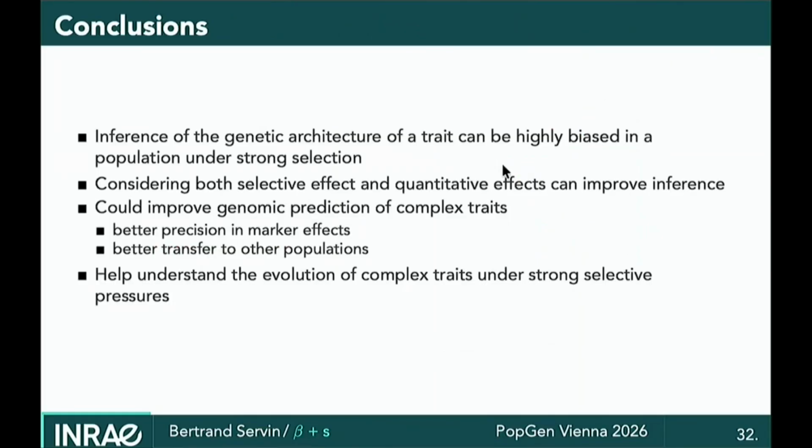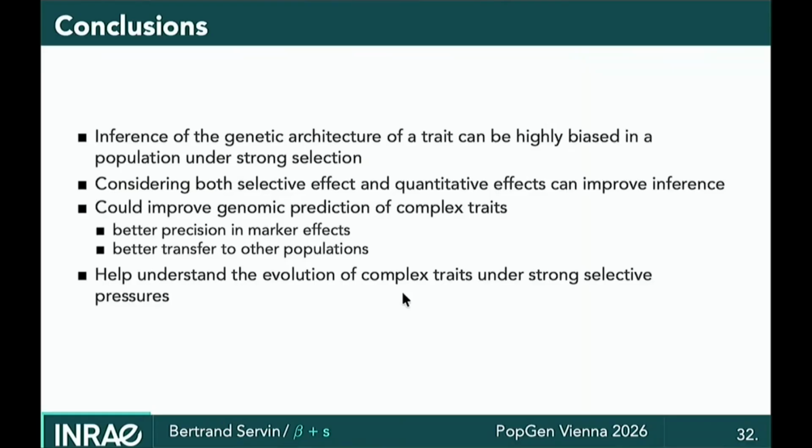And in this situation, I showed you quite a lot. So that should allow, and that's what we're going to try to do now, using real data to test it in real life situations, we should have better prediction of the marker effects, and so better transferability of inference to new populations, which is a very big topic in animal genetics, especially when you want to be able to use more genetic diversity.